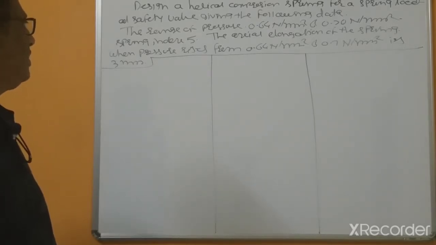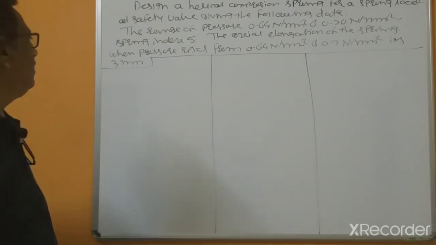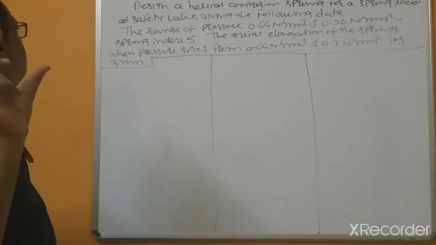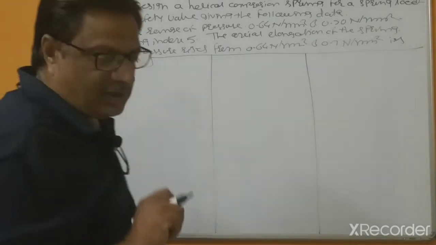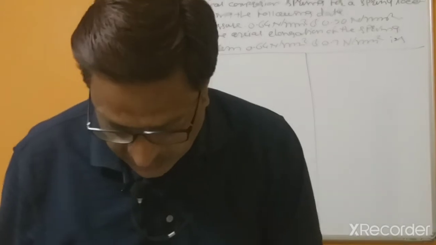But we require some data that may be missing. We require D, the diameter of the safety valve, otherwise we can't find it out.